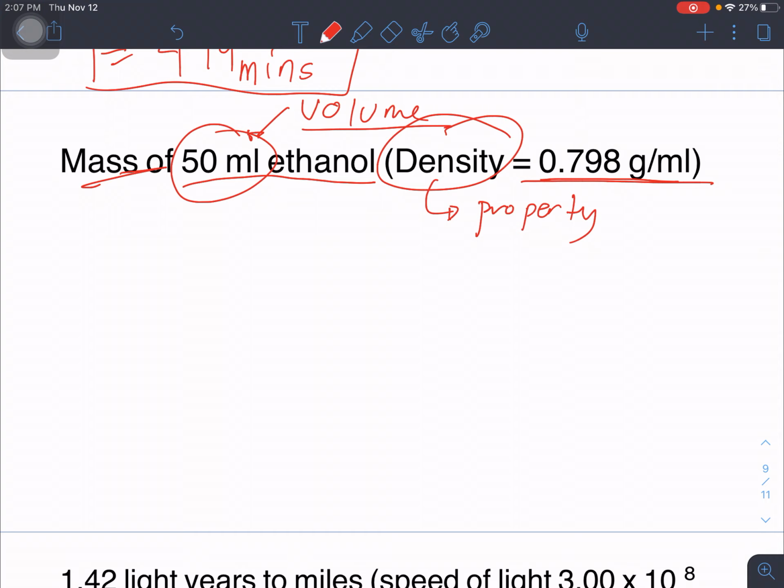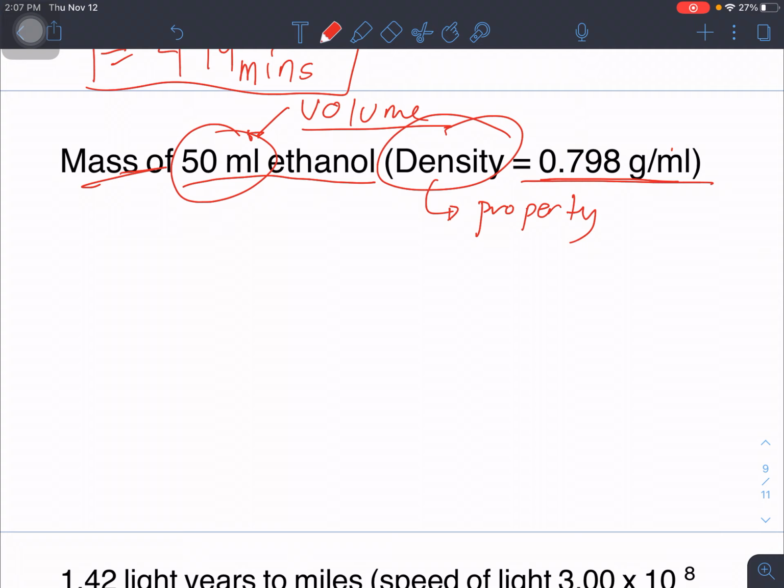So what does this density mean? It means that if you have 1 ml of ethanol, you will have a mass of 0.798 grams. For example, if you pipette out 1 ml of ethanol and weigh it, the mass will be 0.798 grams. Okay? So let's try to solve.